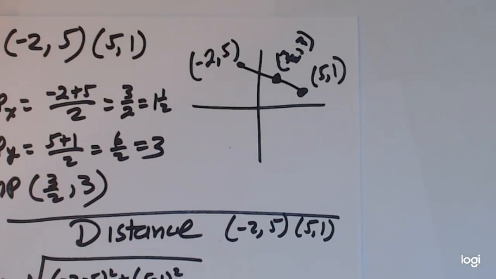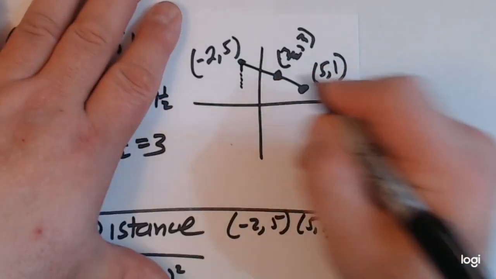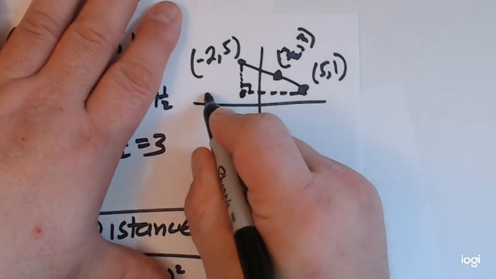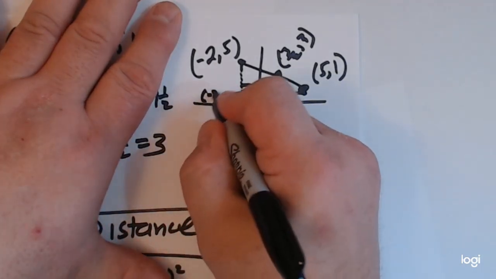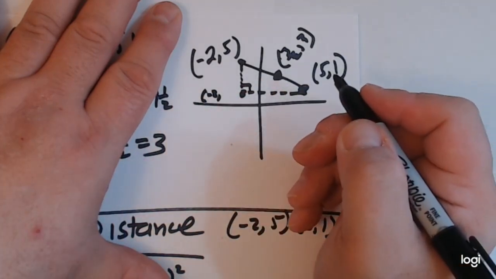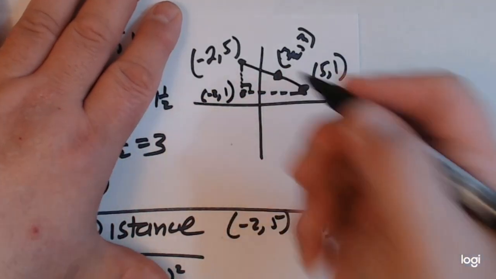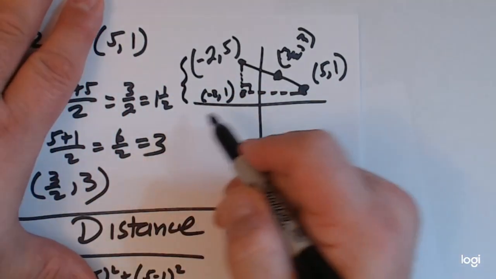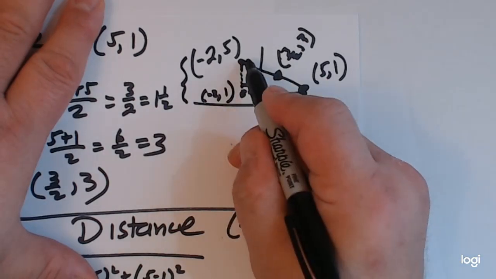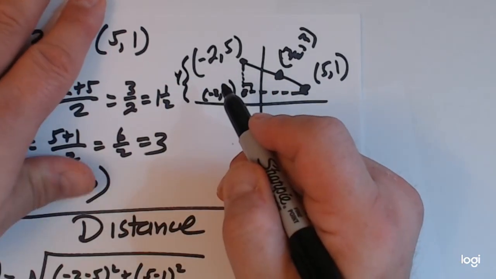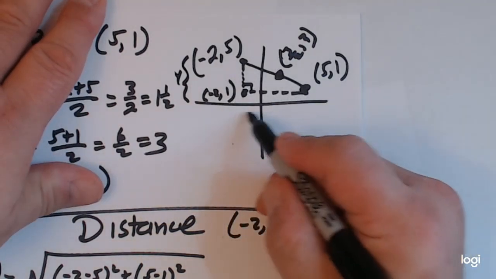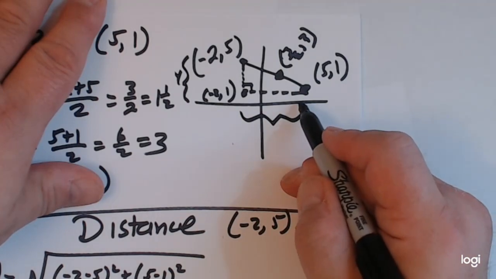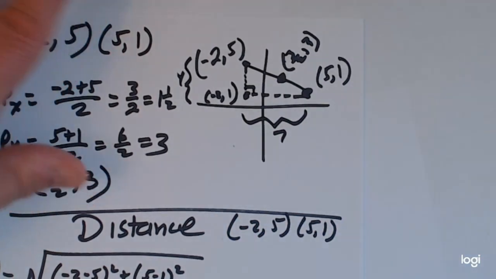Now, one thing we can do here, we can drop down a vertical, we can draw in a horizontal, and that point would be negative 2, 1. So this length is from 1 to 5, which is 4 units. And this length is from -2 to 5, which is 7 units.